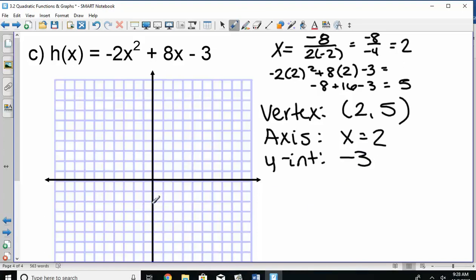Okay, so I plot that stuff. You need a third point, so if I look, my y-intercept is 2 away from the axis of symmetry, so you go 2 away the other direction. I just missed my point.